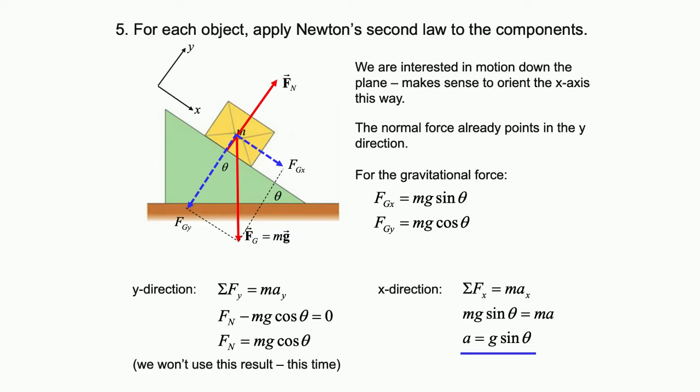We'll separate them out using the force G, or mass times G sine theta for the x-axis, and mg cos theta for the y. So that's how you separate them out.